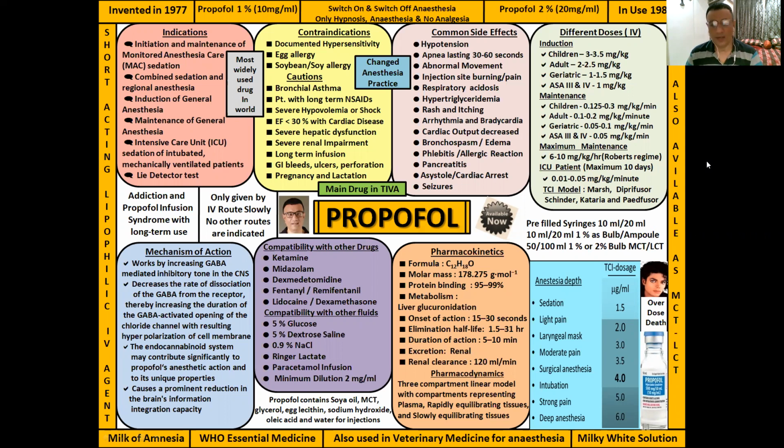We call it the milk of amnesia. It's a switch on and switch off anesthesia. It is also used in veterinary medicine for anesthesia. It was invented in 1977, but it started in 1989. When we were studying at that time, we had just heard that propofol was coming in the market.